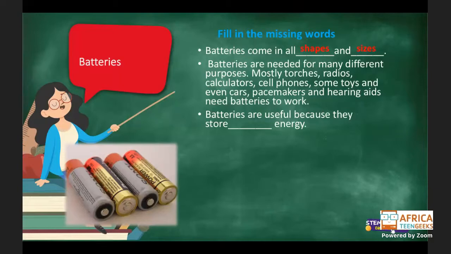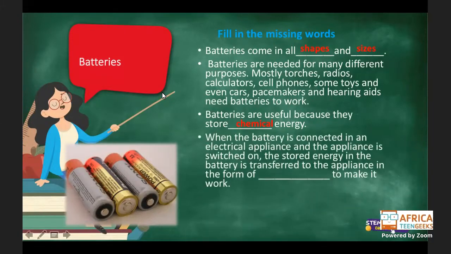Ntando, no. Jibril, no. Good one, Ethan. Yes. Mukhoti, no. Batteries are useful because they store chemical energy. Okay, good.